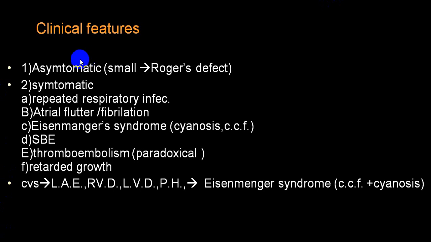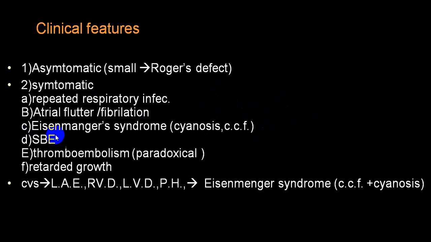So Rogers defect is usually asymptomatic. Moderate and severe varieties will be symptomatic early. Initial symptoms are repeated respiratory tract infections. Because of left atrial dilatation, you can get atrial flutter, fibrillation, and thromboembolism. Once there is a reversal, cyanosis, congestive cardiac failure, hypoxia, and clubbing appear. Infective endocarditis is very common.